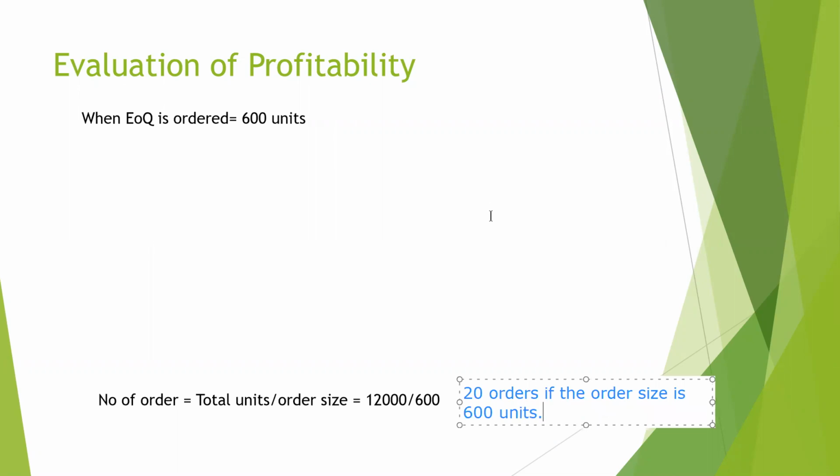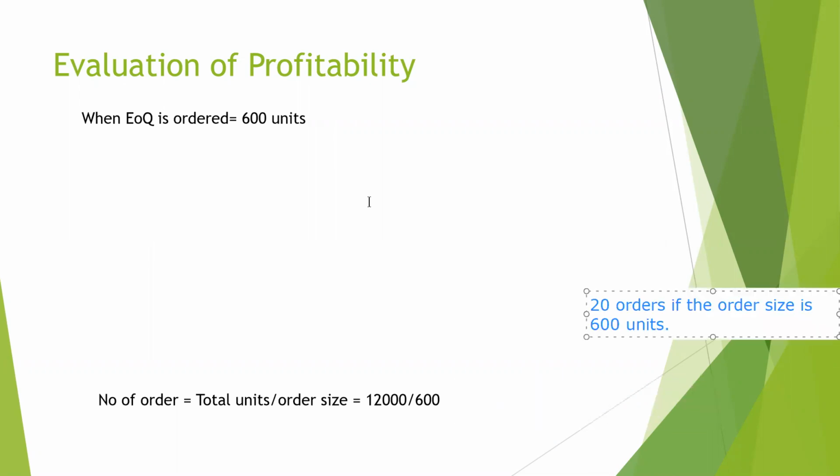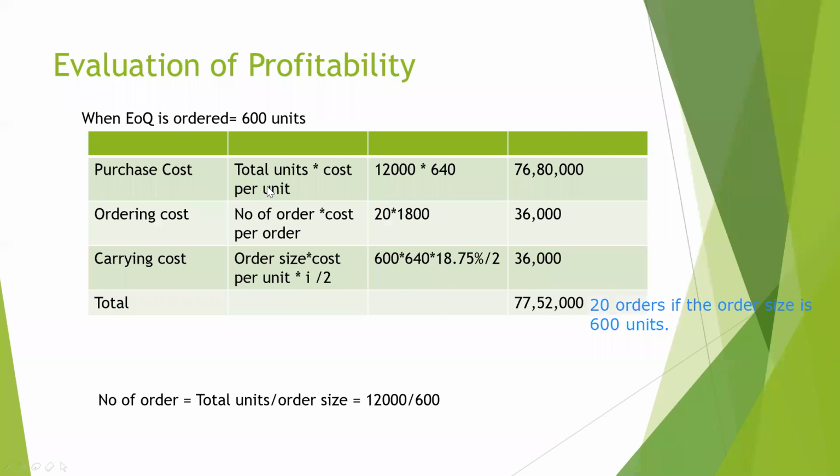Now, if the order size is 600 units and the annual consumption is 12,000 units, the purchase cost will be the total units, that is 12,000 into 640, giving us 76,80,000.